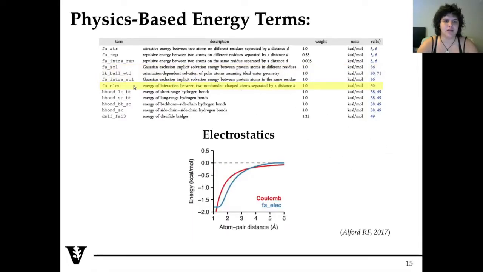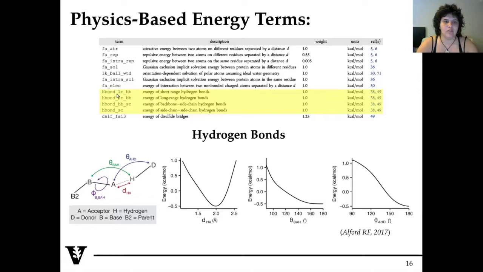The next one is describing the electrostatics, so the energy between two charged atoms that are separated by a distance. And you should remember the Coulomb law, and Rosetta describes the same interaction energy with the electric term.